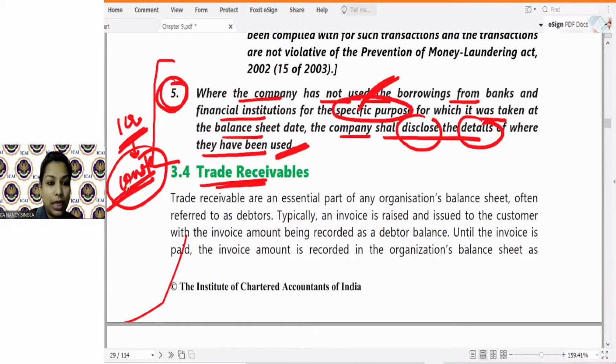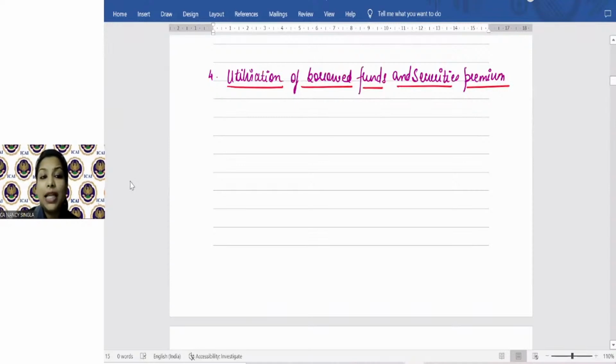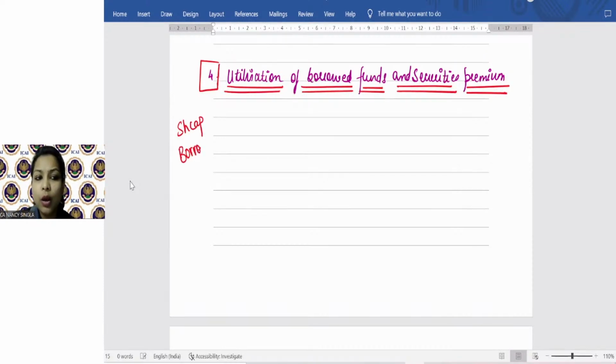Now with respect to the last point, which is utilization of borrowed funds and securities premium. Students, you will see that this point is given as notes in your module under share capital and also under borrowings. Why?